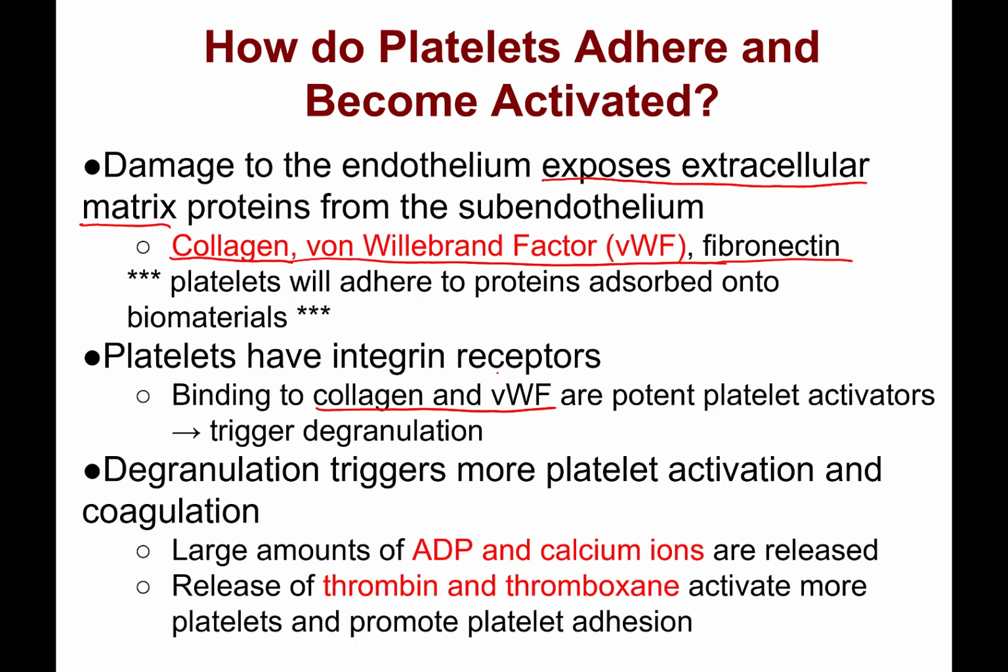So once a platelet adheres to these, that's going to trigger degranulation of the platelet. And then that degranulation triggers more platelet activation because the platelets release large amounts of that adenosine diphosphate and calcium ions. They also release thrombin and thromboxane. So all these things activate more platelets and promote platelet adhesion.